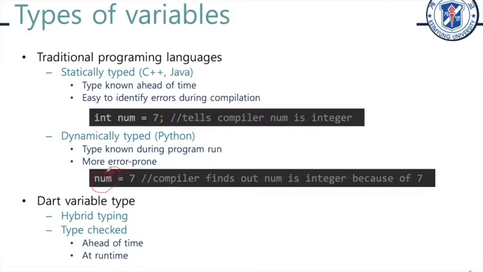That means num is now an integer. However, in Dart, we have a hybrid type. That means we can declare a variable using its type and then a variable name, or we can just declare a variable without using its type, and the compiler will realize what type of variable it is during execution.